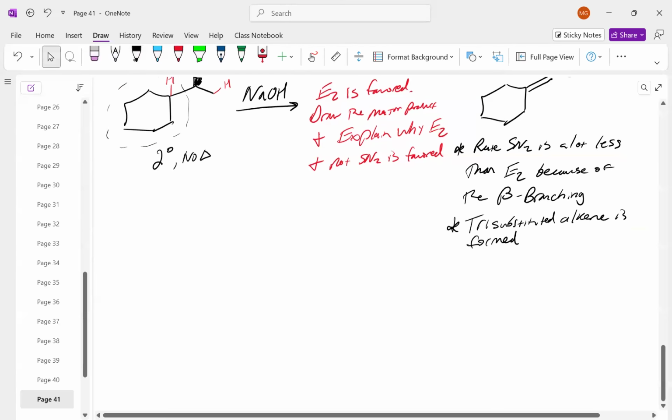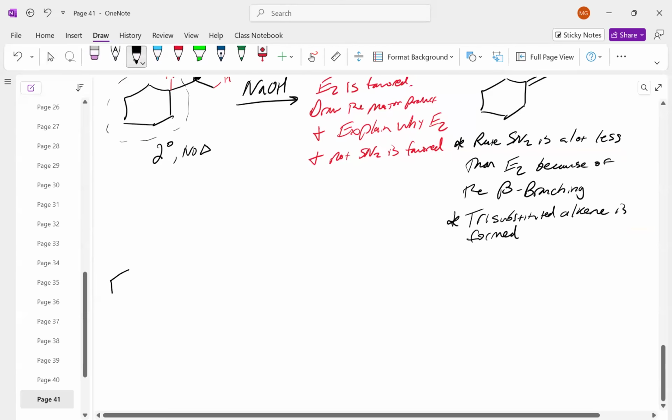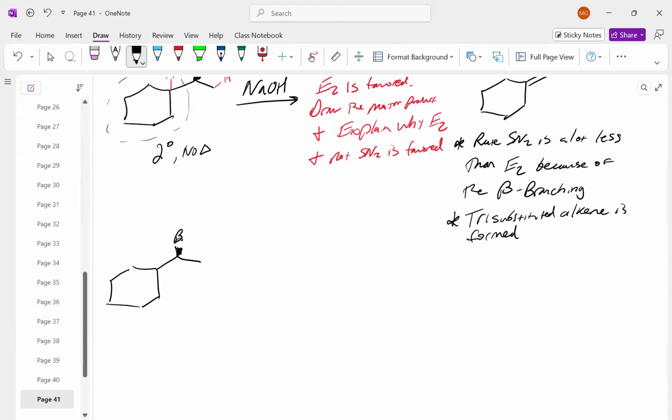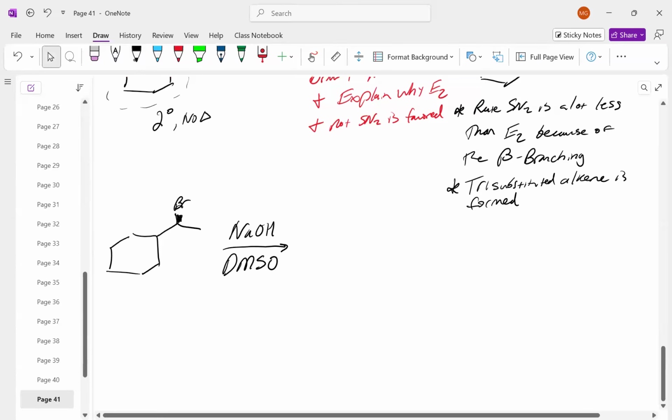Now I'm going to do the same substrate on the next example. Use the same reagent, but specify something else here. Okay, so now what does this added thing do to our choice of mechanism?